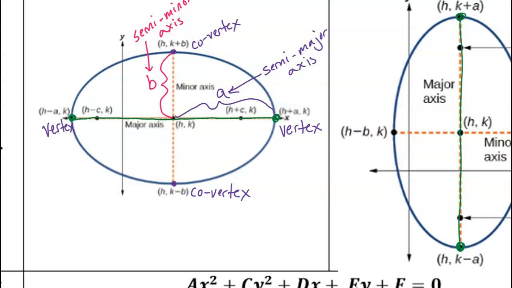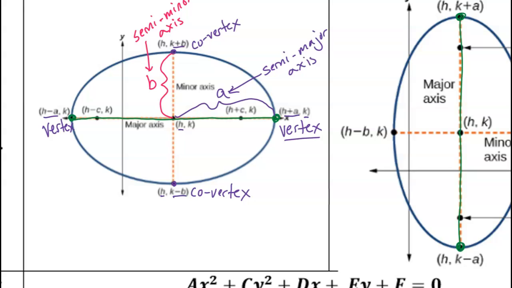To find these points, if I'm looking at the vertex, you take your h value and you add a to it, and the k value remains the same. To get the other vertex, you subtract a from h. To get your co-vertices, the h is the same, but you add and subtract b from k.